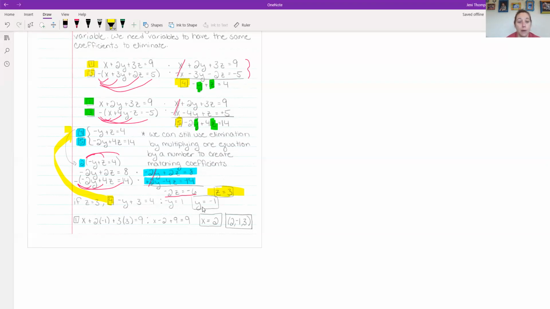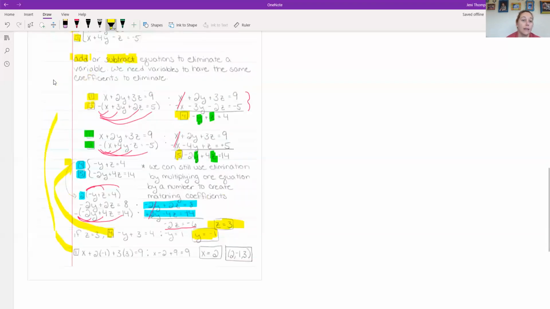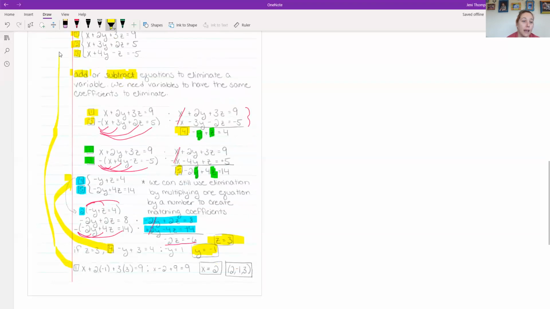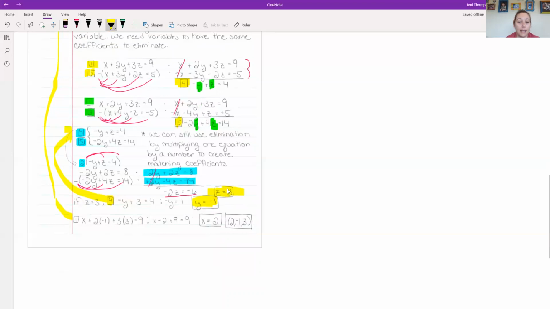Now I can solve for my y. Now I have y equals -1. And then I go all the way back to my top equation up here, plug in my z and my y, do some basic algebra, solve for x, and it gives me my final solution of x, y, and z.